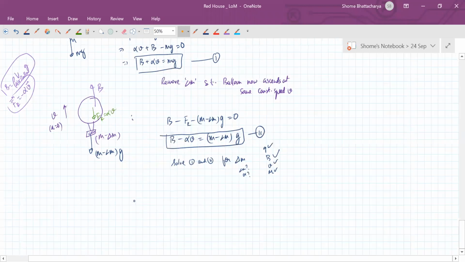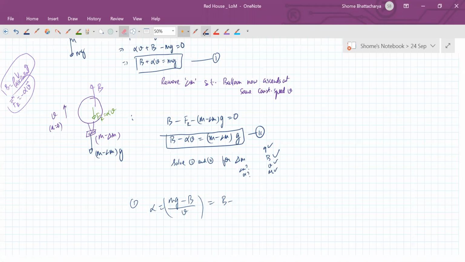From equation 1 you can see that mg minus b divided by v is the value of alpha, and from the second equation it is b minus m minus delta m divided by v.